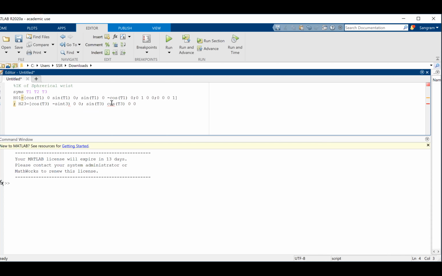I made a mistake here. Okay, H23 should be here. Cosine semicolon 0 1 0 0, 0 0 0 1.